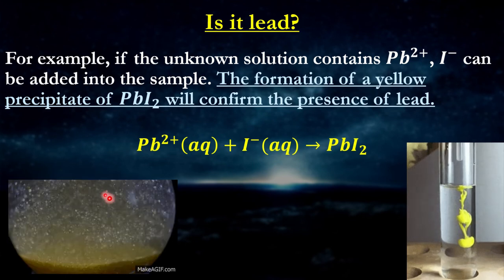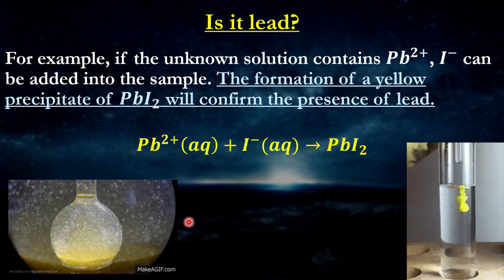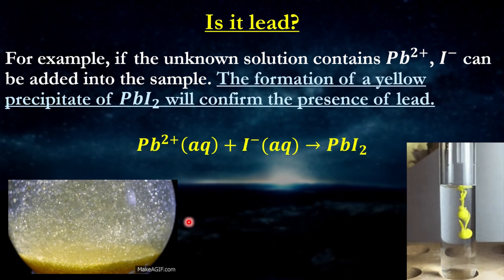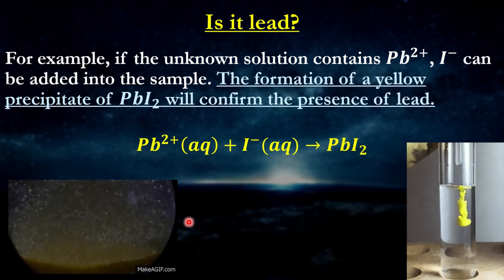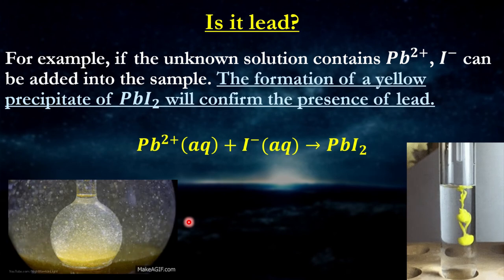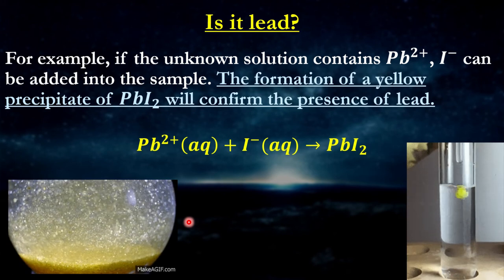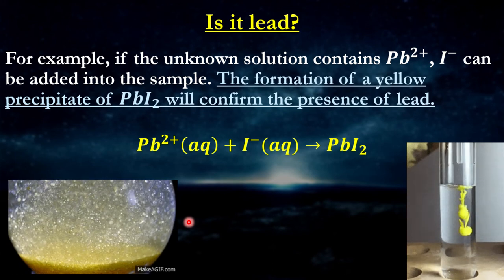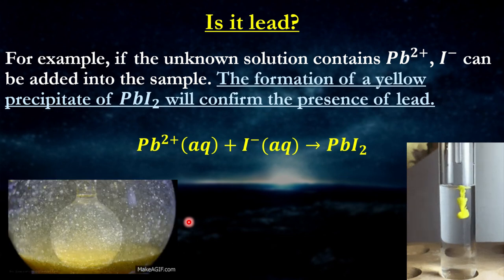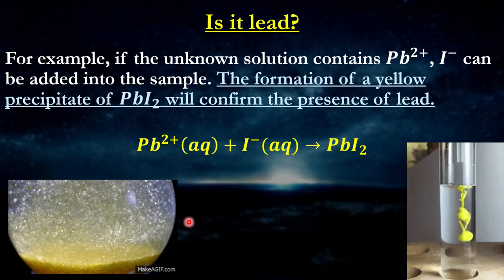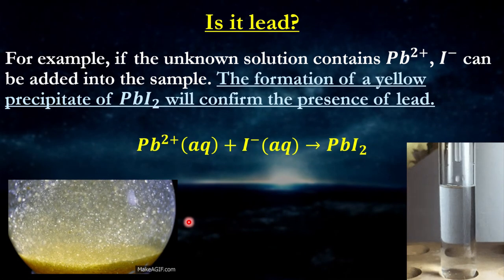This actual reaction we call golden rain. That's the distinct color of lead iodide. So if you get that color when you've reacted with iodide, then you would suspect that it is lead that you formed there. Obviously, additional tests can be done using a flame test, but that's what we have here.